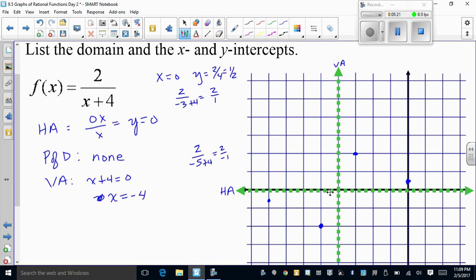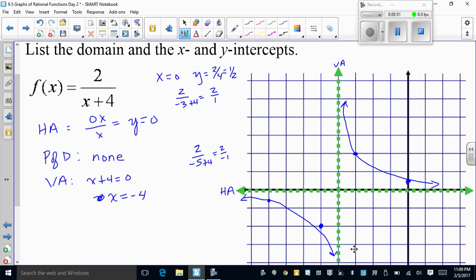Now, if you don't have a horizontal asymptote, then it's going to be symmetric to your x-axis and the vertical asymptote. Okay, so this is going to just come down as such. And this one's going to come down as such.